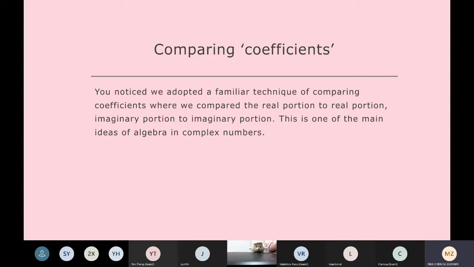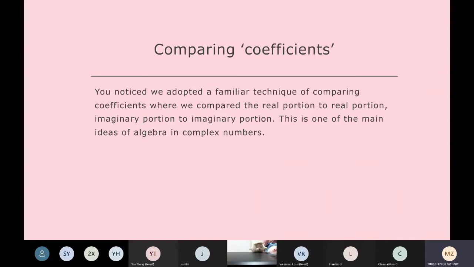Okay, so comparing coefficients, what it means is that, I think we actually used this skill in the previous questions, where you compare the real portion to the real portion on both sides of the equal sign, and then the imaginary portion to the imaginary portion on both sides of the equal sign also.